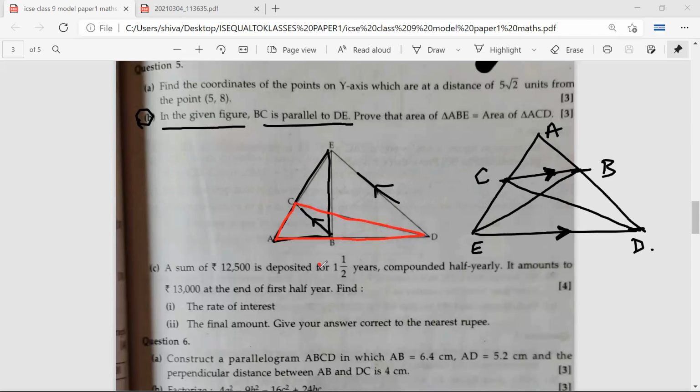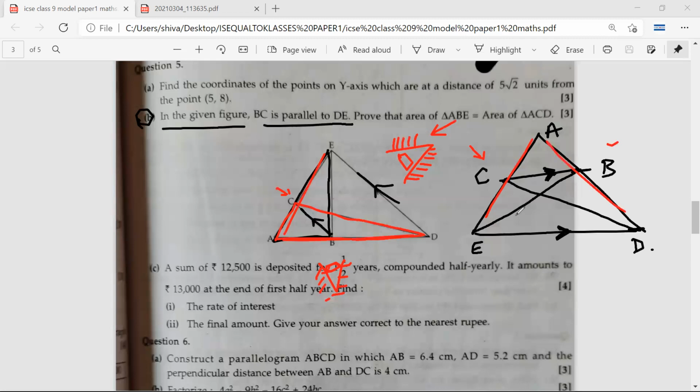So rather than looking at the figure from this side, I'll look at it from this side. Any doubt? No, sir. So once I'm looking at this figure from this side, the triangle becomes AED, and this is the side C. This is the intersection C. So this side is this side, and this side is this side.